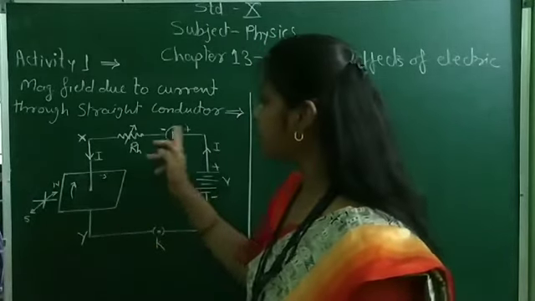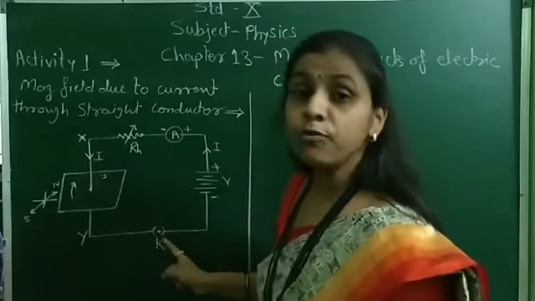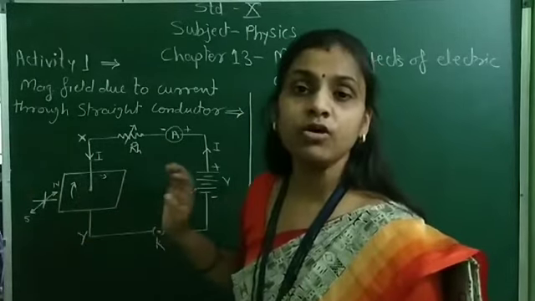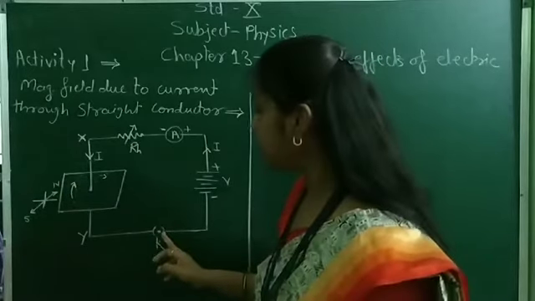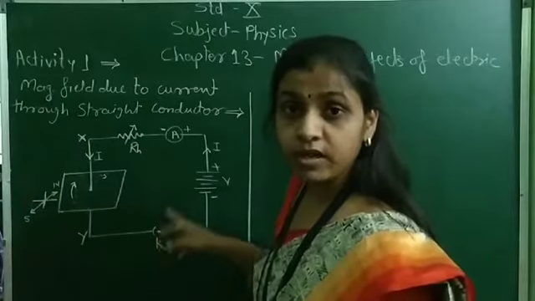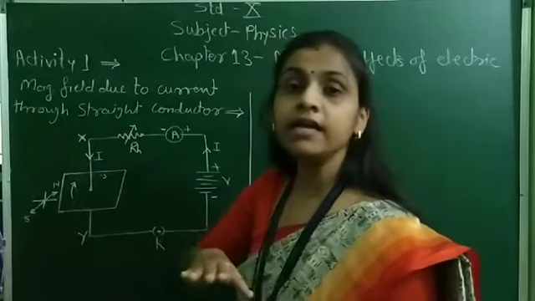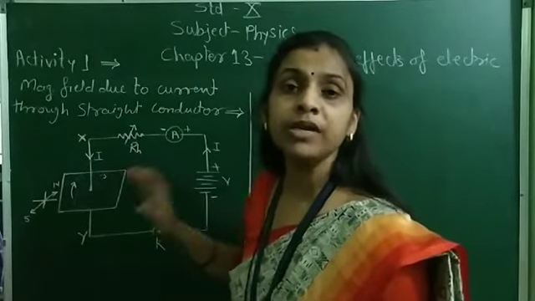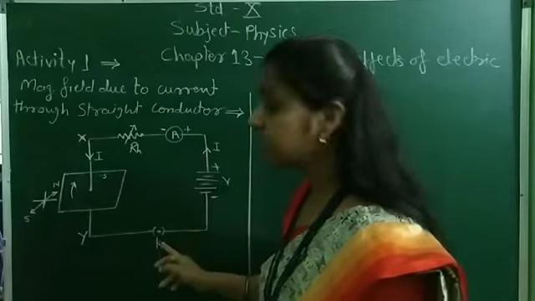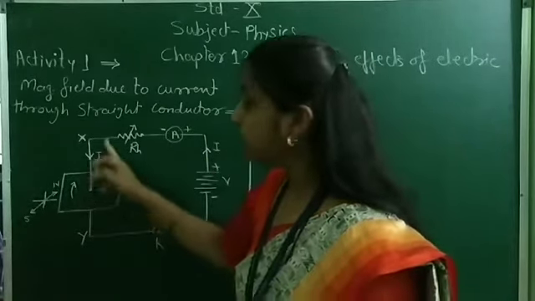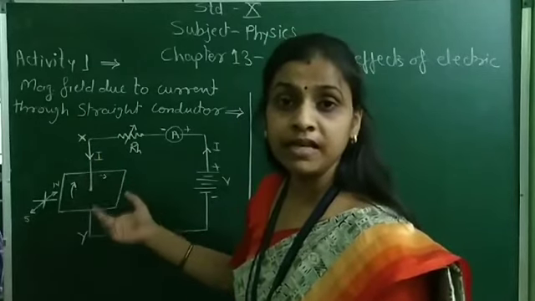Before the key is closed, whenever the key is open and current does not flow through the circuit, the iron dust or iron filings are evenly spread on the cardboard. But as soon as the key is closed and current flows through the copper wire, the wire produces a magnetic field.